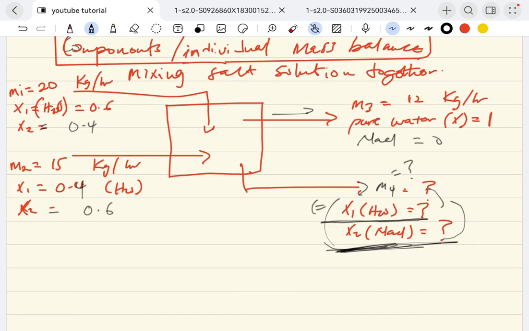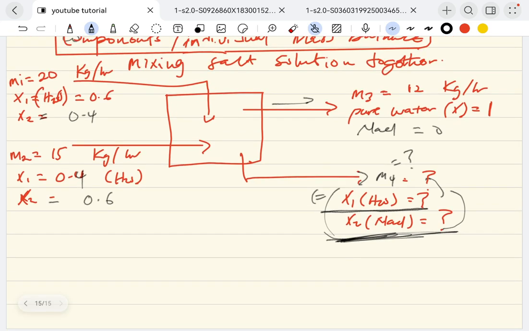To calculate M4 first, we have to balance the total mass balance. We can use the total mass balance to calculate M4, and after getting that, we can calculate the components straightforwardly.